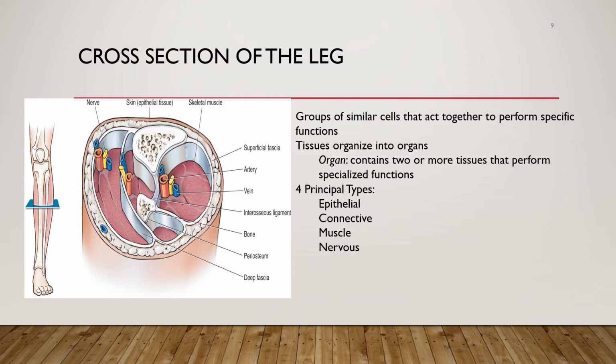Epithelial is defined on page 349, and then we'll move into the rest of those in just a moment. But there's a couple things that I want you to note also on page 349. On the right-hand column, we have the interstitial fluid. So this is what is in between the spaces within the tissue.